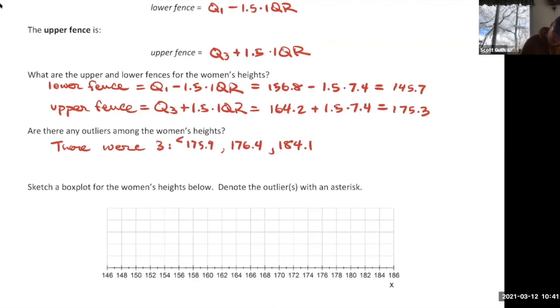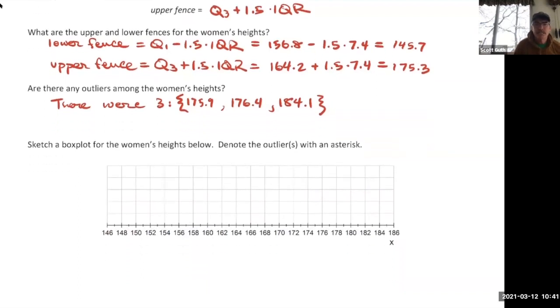So these 3 are outliers, really separated. Any questions? I think there's also a rule that says if anything's more than 3 interquartile ranges from the edge of the box in the box plot, those are called extreme outliers. We're not going to bother with that here.